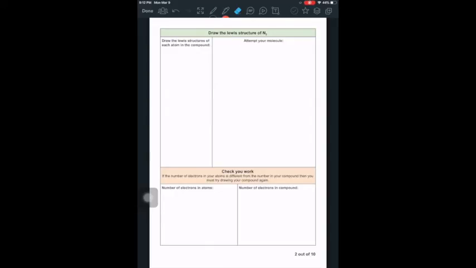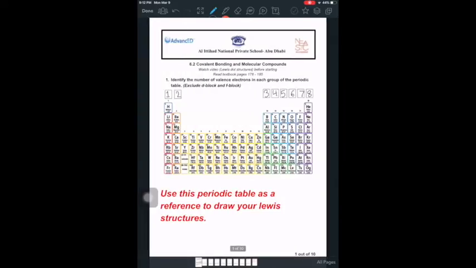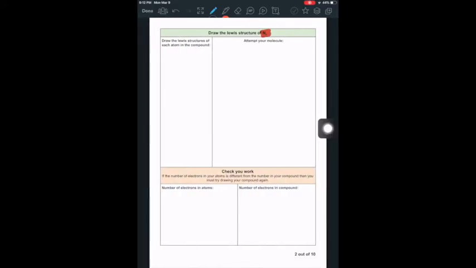Okay, so we're going to try an example here. Our example is N2, which is just nitrogen gas. The way I would do this, of course, just like you saw earlier, I know that nitrogen has 5 valence electrons. So the first thing that I want to do is draw my Lewis structure of nitrogen, just so I can get a good idea of what it looks like.